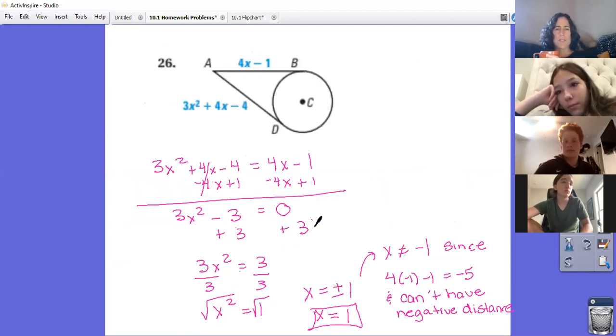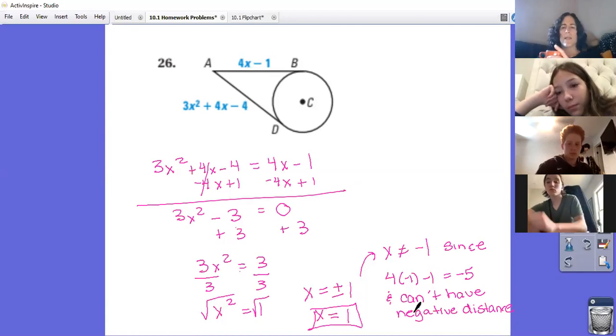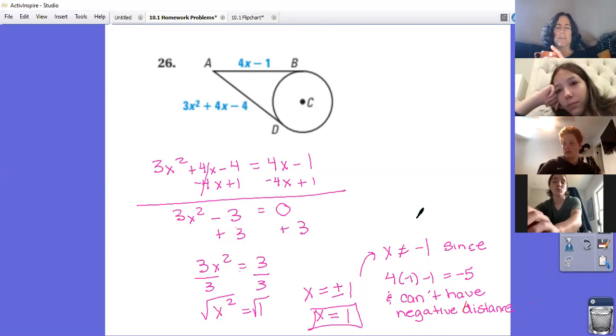And then there's 26. So the answer, 26 only has one answer. It's not -1, it's +1. Because if you plug in -1, you get a negative answer, and you can't have a negative. So it's only +1.